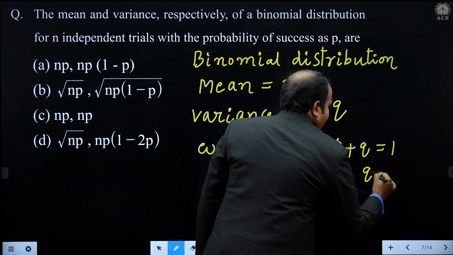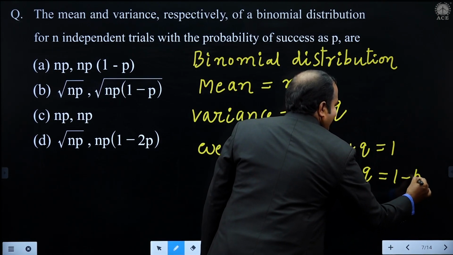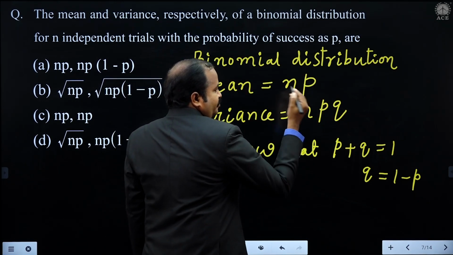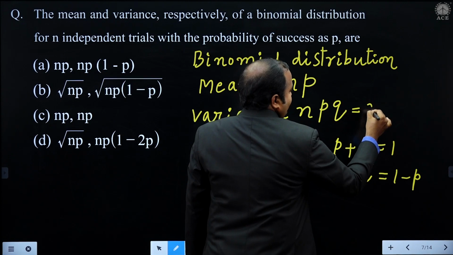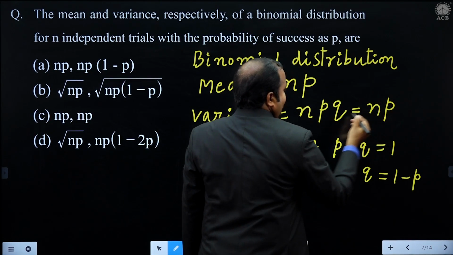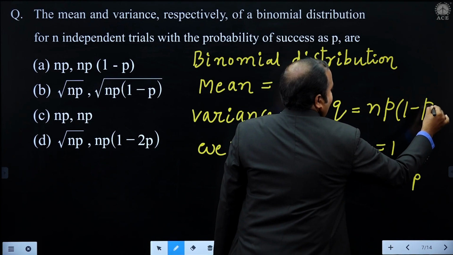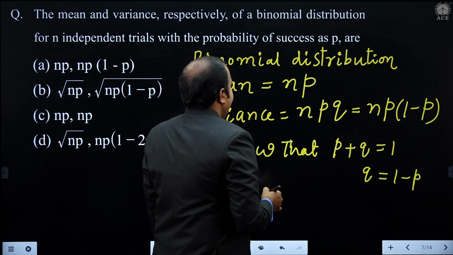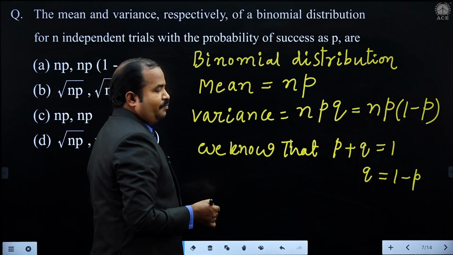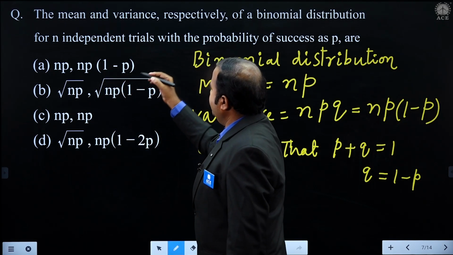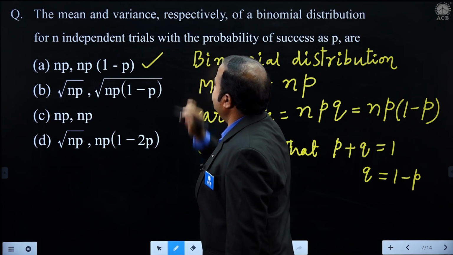So q equal to 1 minus p. Therefore, the variance npq means np, and instead of q we can write 1 minus p. Therefore, mean is np and variance is np into (1 minus p). So clearly option A is the correct one.